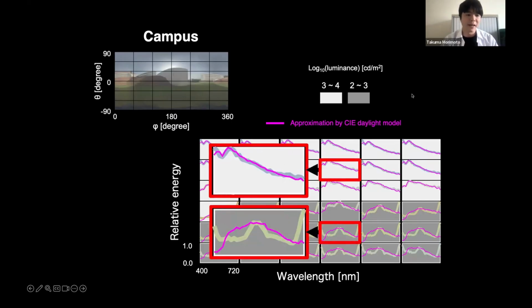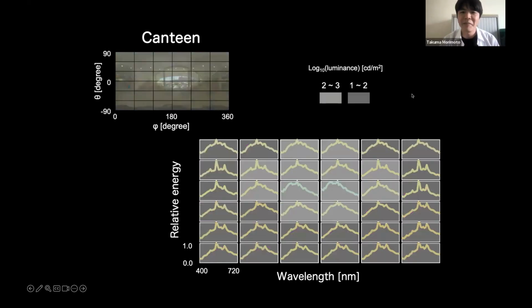This is just an enlarged figure. And in the indoor scene, the trend is largely different. As I was explaining earlier, one big difference is the presence of the ceiling. So there is much less clear separation between the upper and lower hemisphere compared to outdoor environments. Overall, the spectral shape is somewhat uniform across directions, and these spectra basically come from the spectrum of the fluorescent light.